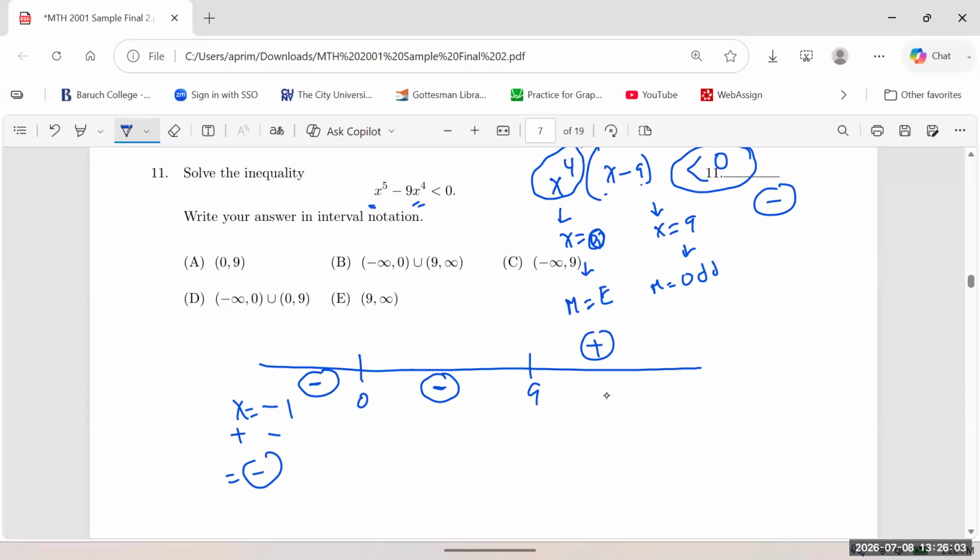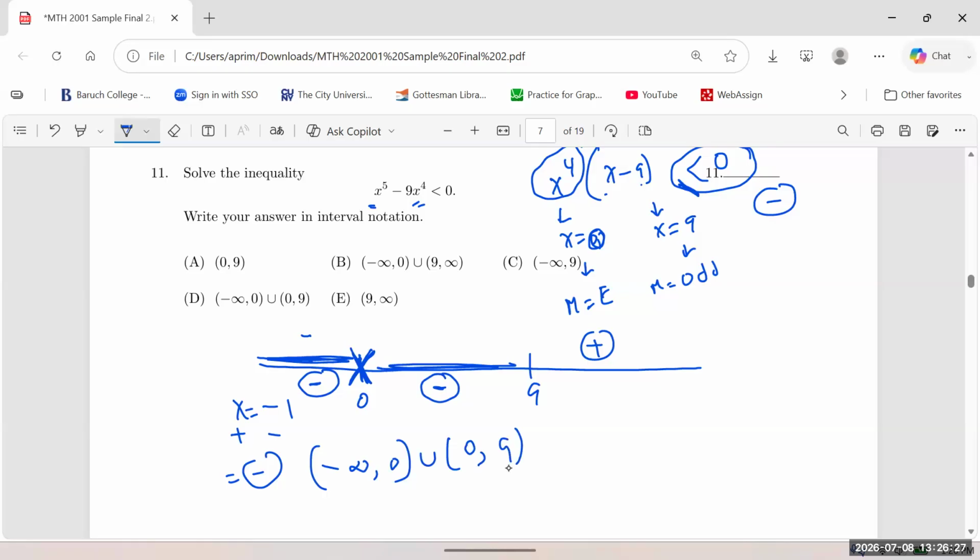Nope. When x is 0, our y is 0. They're not looking for 0. They're looking for strictly negative. So strictly negative here, strictly negative here. This cannot be included, because when x is 0, y is 0. But are they looking for 0? No. So it's 2 parts. Negative infinity to 0 and then 0 to 9.